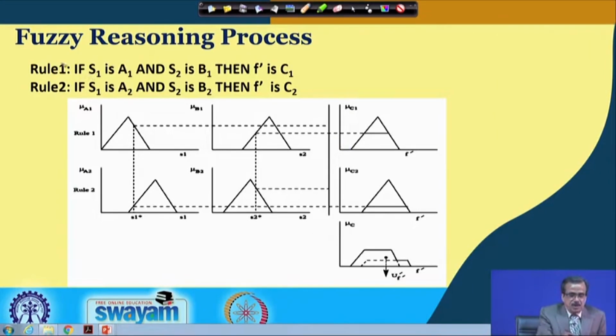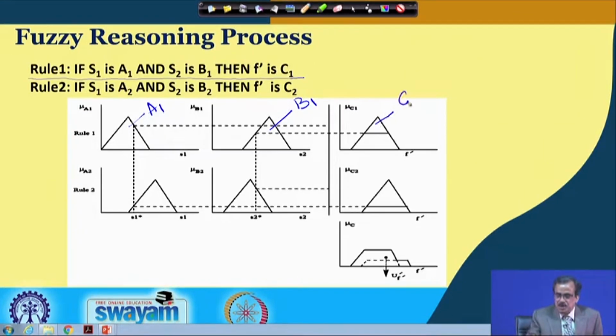Now, the first rule is: if S1 is A1 and S2 is B1, then A prime is C1. Let us see how to represent it in the figure. This indicates the first rule. If S1 is A1, this is the membership function distribution for A1, and this is the membership function for S2, and S2 is B1, then A prime is C1.